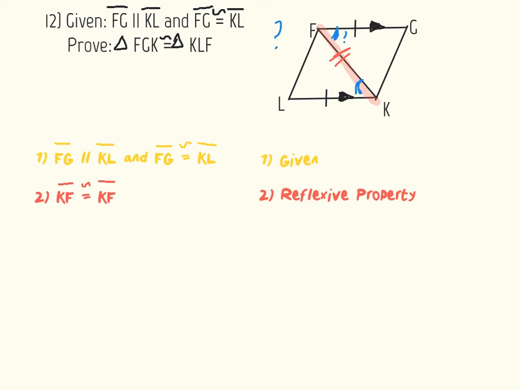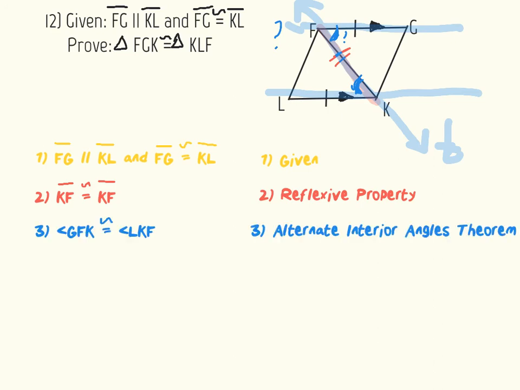If I envision that my transversal line is right here, then I can think about corresponding angles, alternate interior angles, same side interior angles, that type of thing. Envision that everything is extended out, and you should notice that these angles right here are alternate interior angles. If I look at my definition sheet, my theorem for alternate interior angles says that they are congruent. So that is my next step.